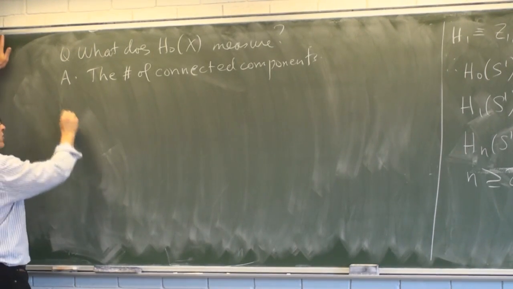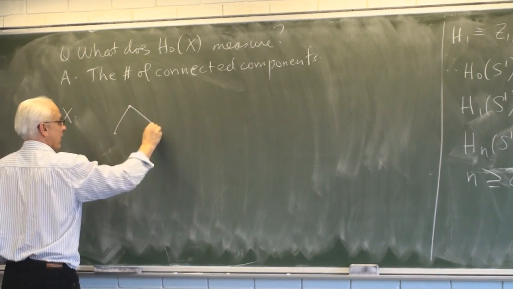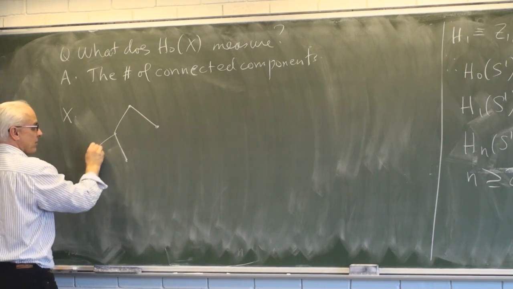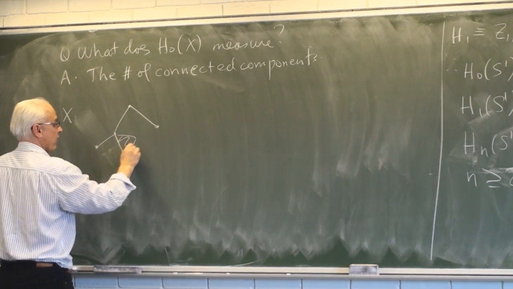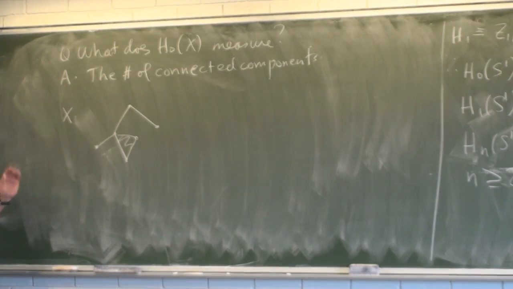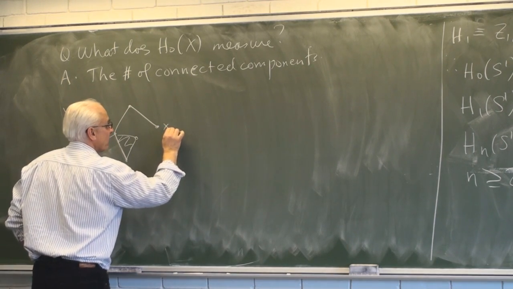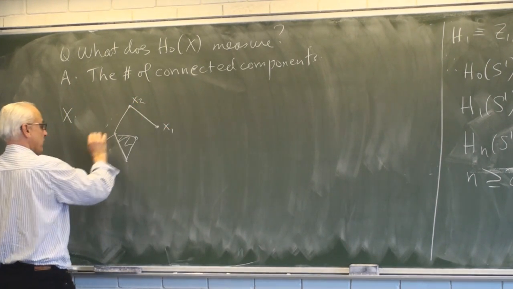So suppose that our space X was more complicated, with all kinds of various pieces, but it was all connected, and had vertices, say, x1, x2, up to xn.